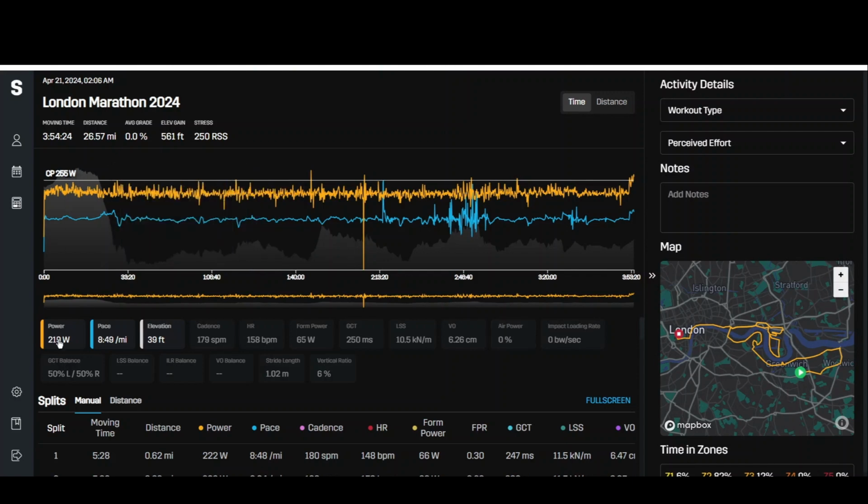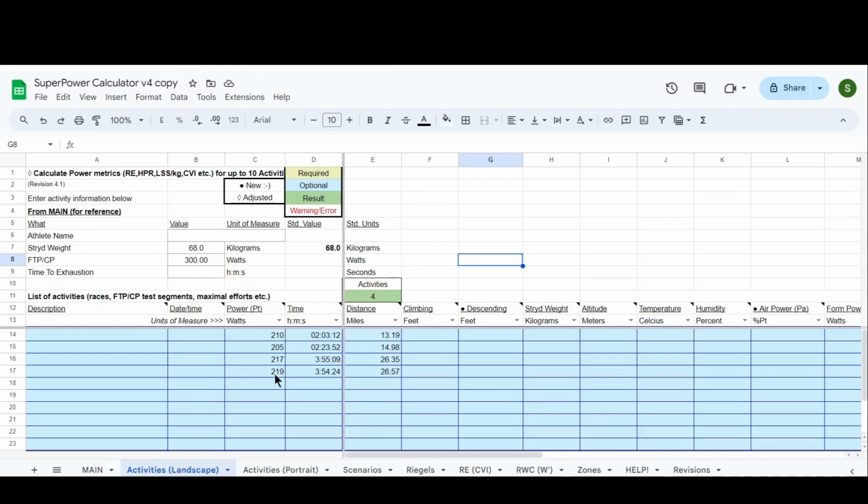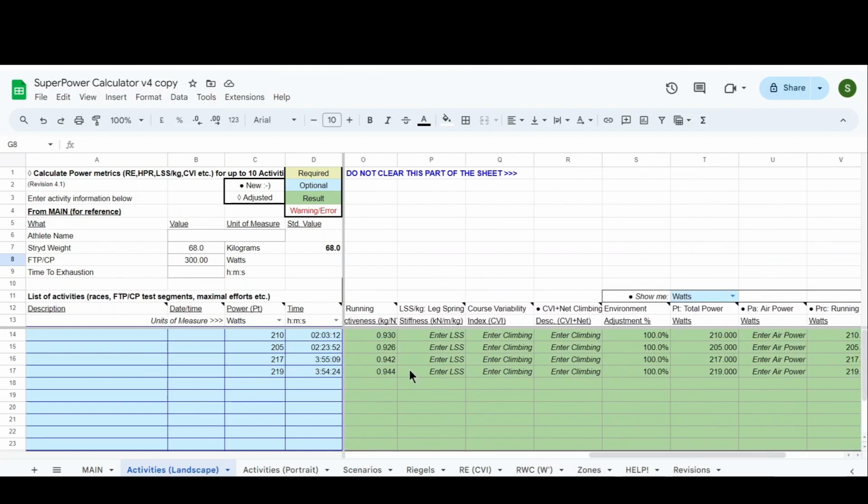So I take the average power, the duration, the distance, we enter it into the SuperPower Calculator, and those are the numbers. We slide it over, and there's the value. And you can see a little flatter and a little bit higher running effectiveness.